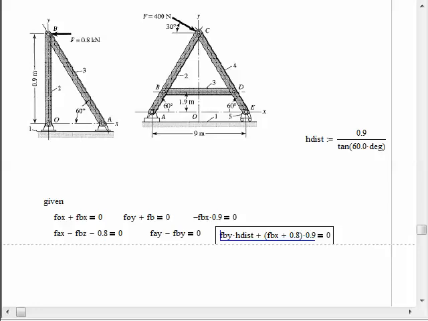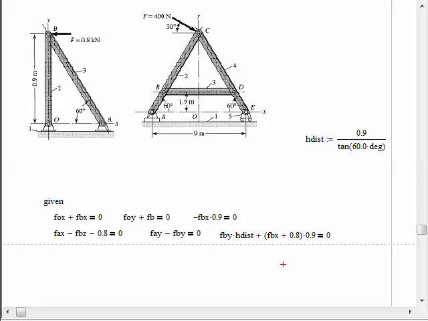So we'll change that sign. Pretty sure I've got it right, so let me think about this again. FBY is negative times that horizontal distance gives a right-hand rule positive moment. FBX being negative and that being negative produces counterclockwise, which is a positive moment.